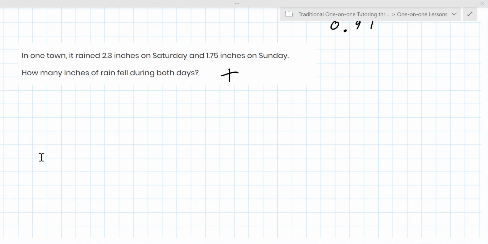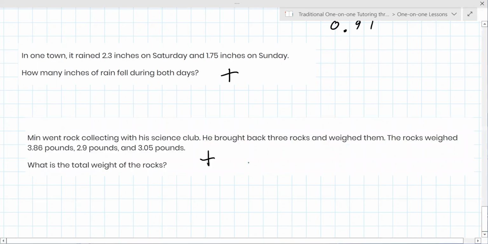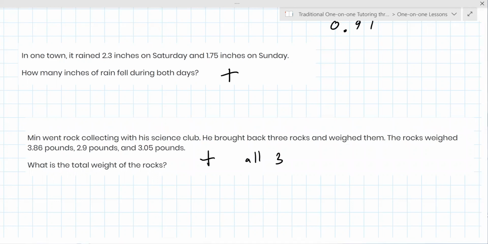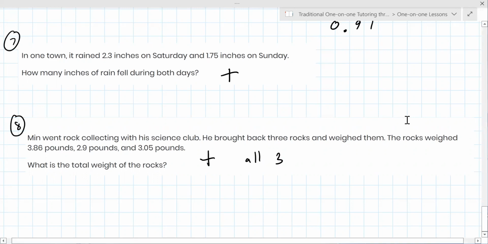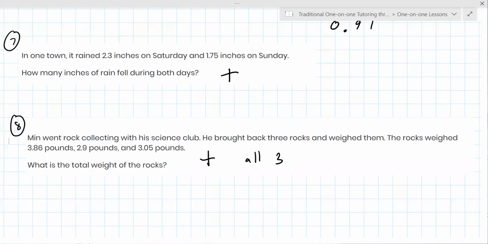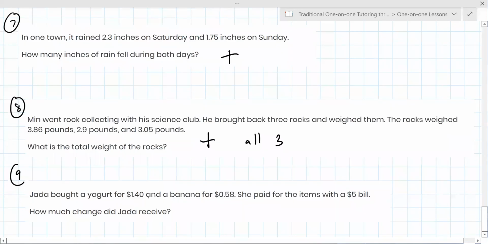Next one, you're going to end up adding all 3. This is 7, this is 8, and then I get to 9. For 9, you're going to add these 2 numbers, and then subtract from 5.